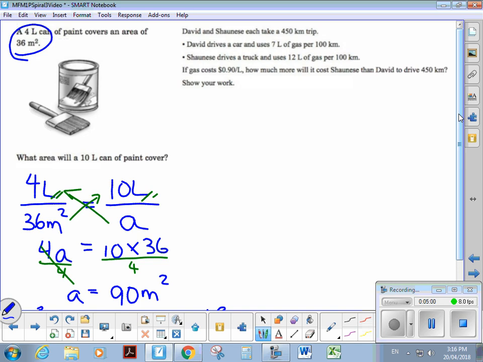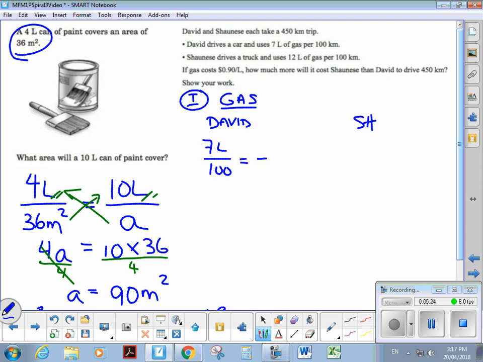All right, so first of all, we need to figure out gas. So that's going to be step one, gas. And it's even more complicated because we've got to do each individual. So we'll do David, and I'm just going to go SH for Shanice, at the same time. So David's ratio: for every 7 liters, he can travel 100 kilometers.